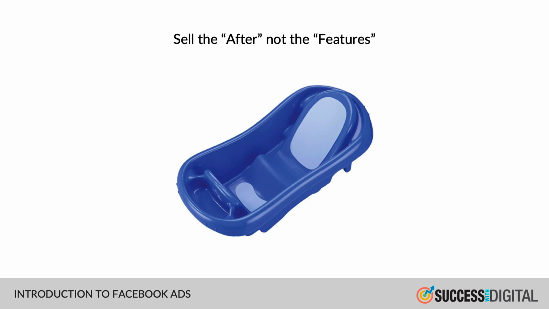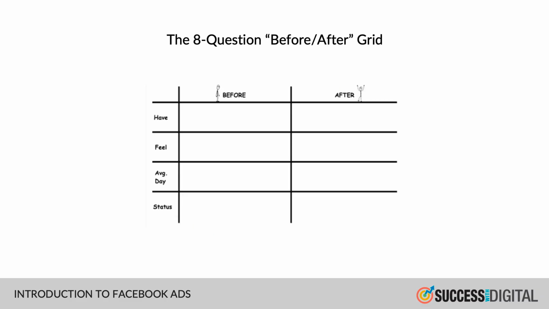And so for a baby bathtub, the person that I'm selling to would obviously be parents. And so when trying to map out that after, what we use is the 8-question before and after grid. And so I'll put in the course section, you'll be able to find this attachment worksheet that you can print off and fill out.